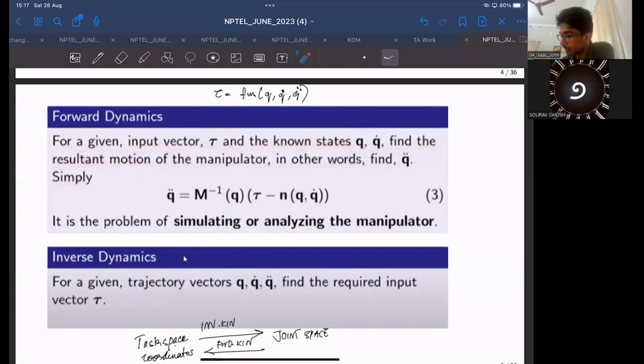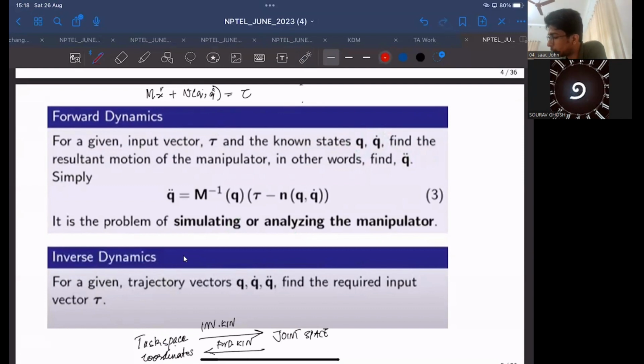We all know that the equation of motion of a robot is something like M(q) q double dot plus some vector, a function of q and q dot, equals tau. So if we are supplying the torque to each of these actuators, I'll take a simple example.